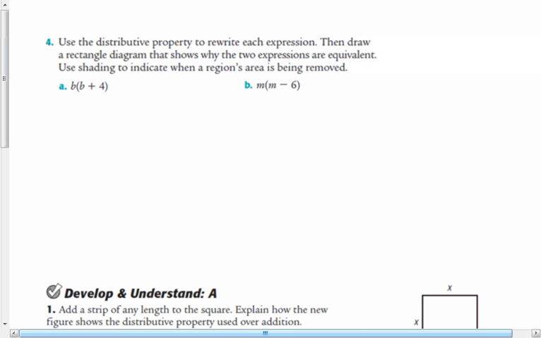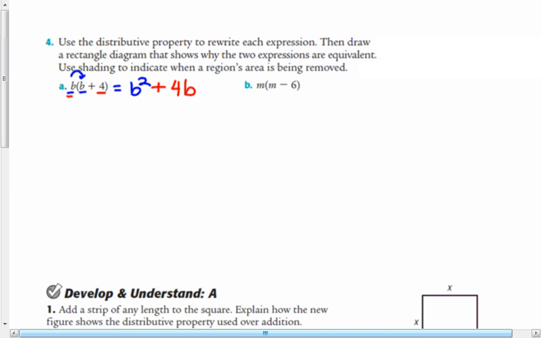But remember what I said, when you're using the distributive property, you multiply the number right here times that number, and that's B times B, which is B to the second. And then you also multiply this number by that number, which is B times 4, and I'm going to write it this way, 4B. So B times B and 4 times B.